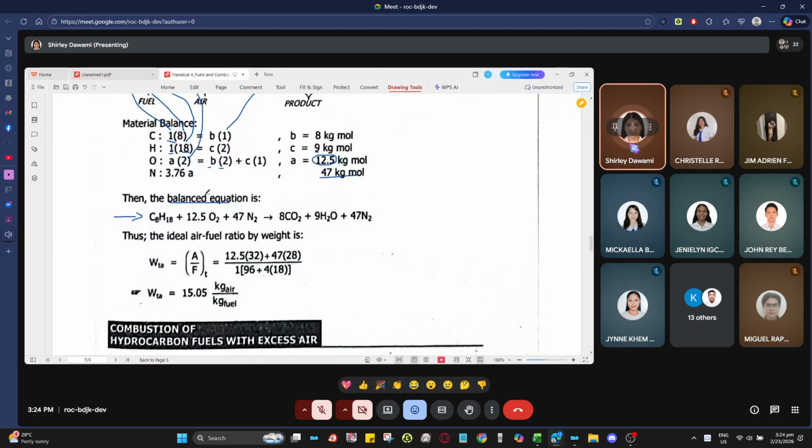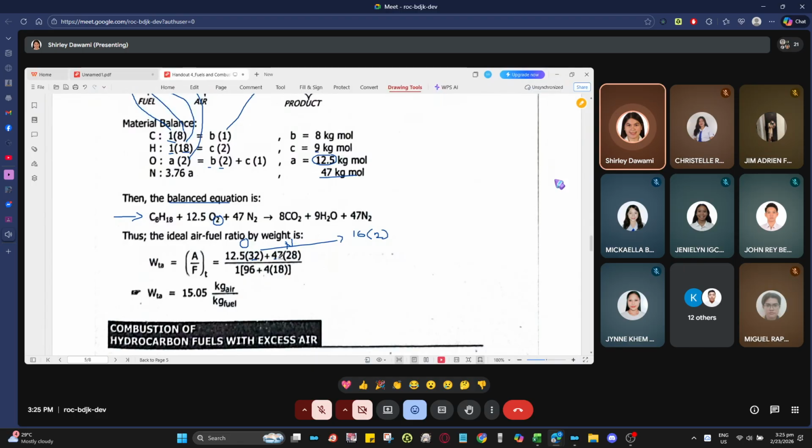Therefore, the ideal air-fuel ratio by weight is 12.5, this is for oxygen, because in air we have oxygen and nitrogen. 12.5 times 32, where 32 is from the molecular weight of oxygen, 16 times the number of atoms, 2.